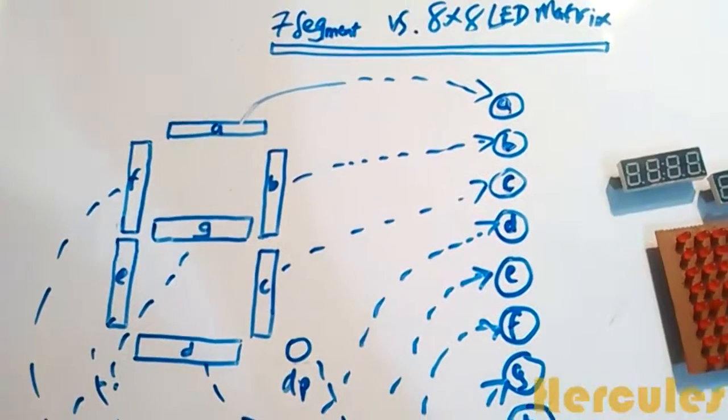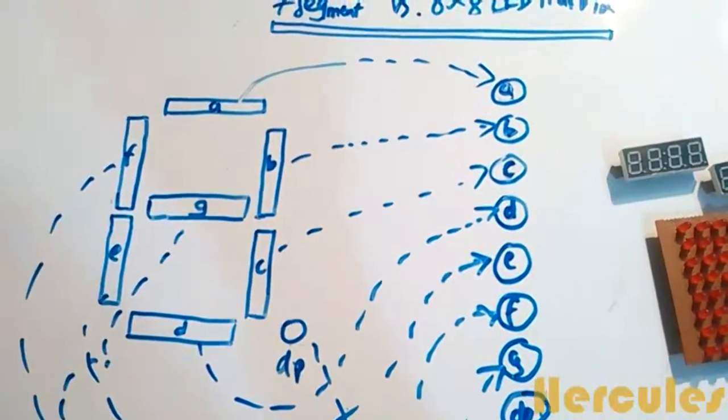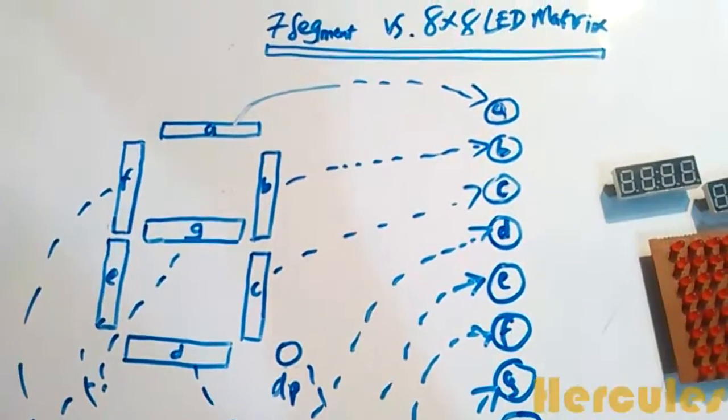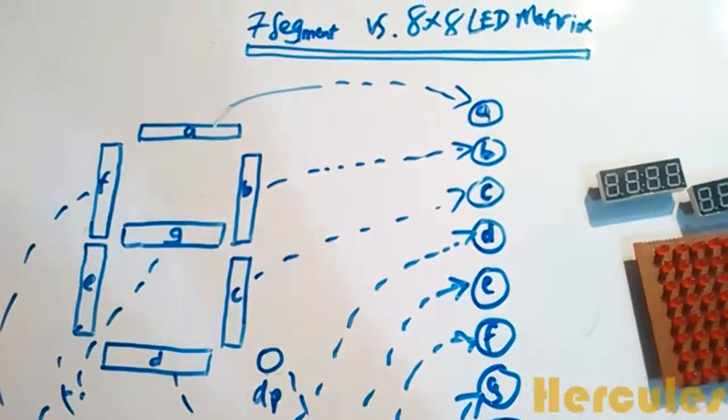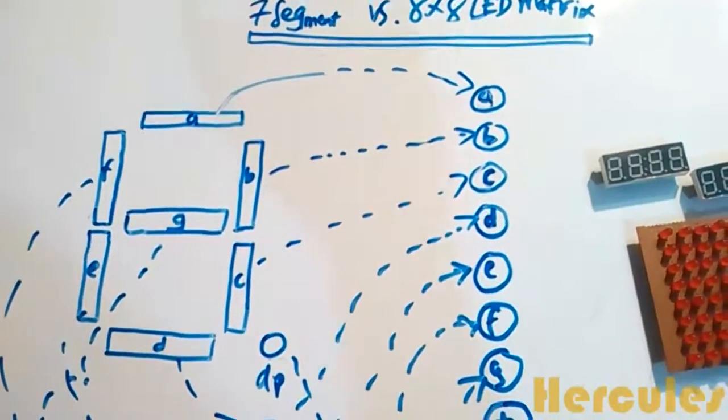Now, I'm going to talk about how data is represented on a 7 segment unit and an 8 by 8 LED matrix.